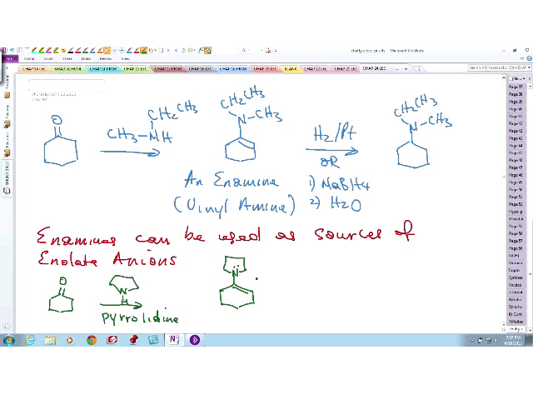Now, because of resonance, imagine that this non-bonding pair of electrons on nitrogen, we could move that to here, thereby moving this pi electron to this carbon here, and that is how you generate something similar to enolate anion.